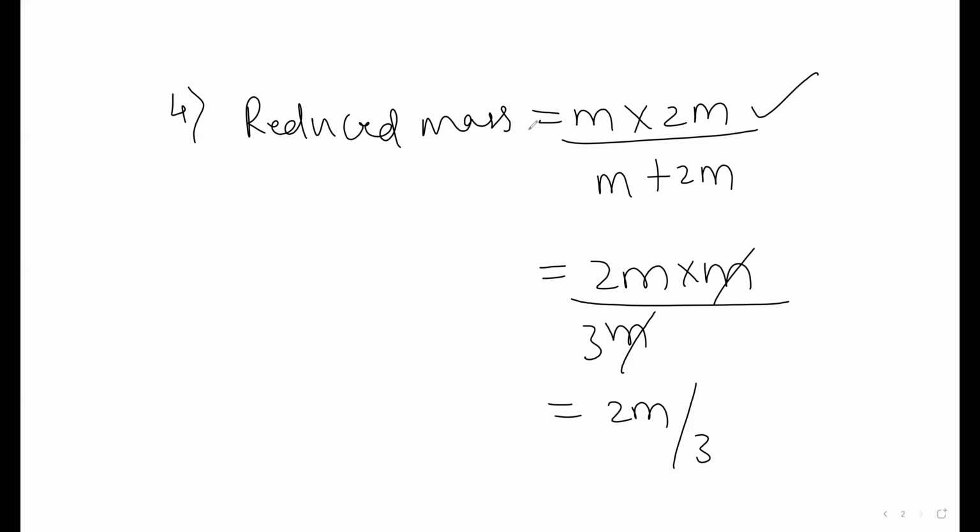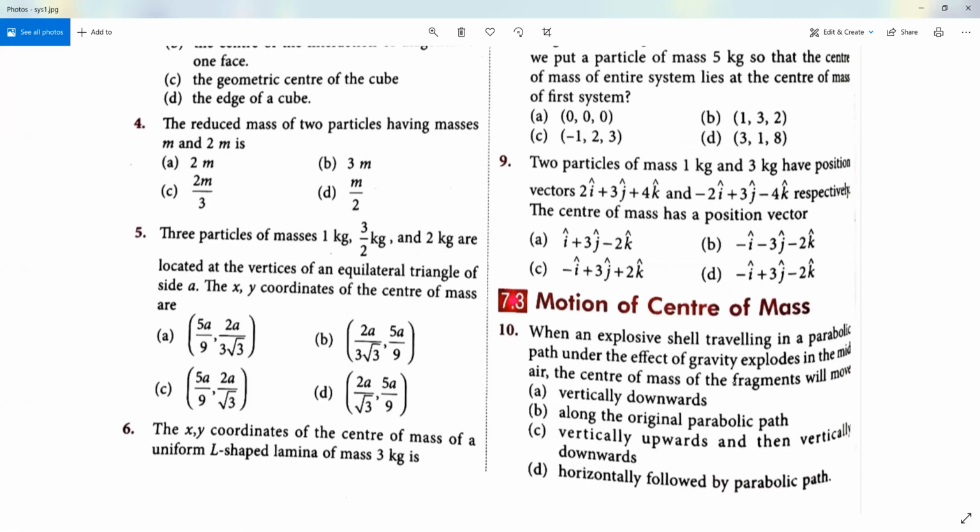After simplification, we get the answer as 2m by 3. When we observe all four options, for the fourth one, the right answer we got is 2m by 3. Therefore, C is the right answer.